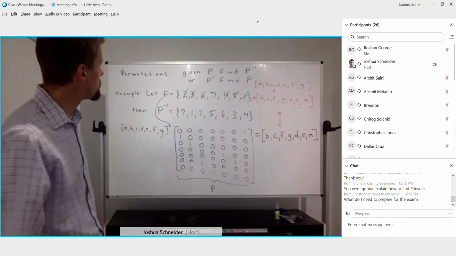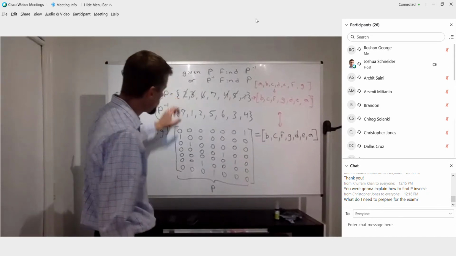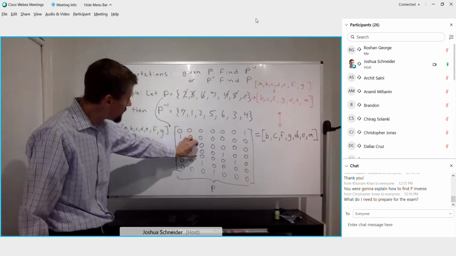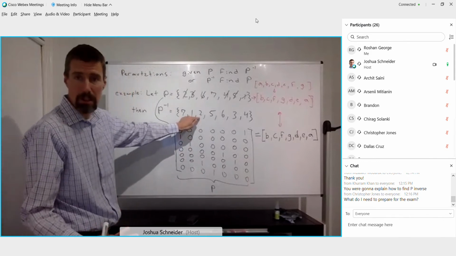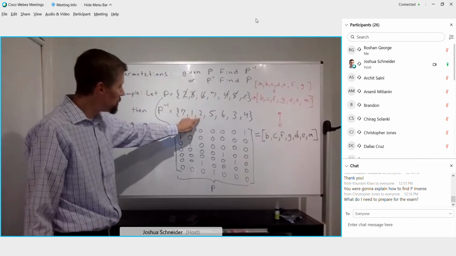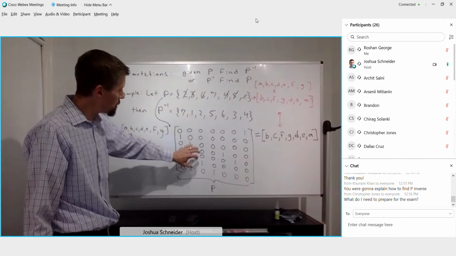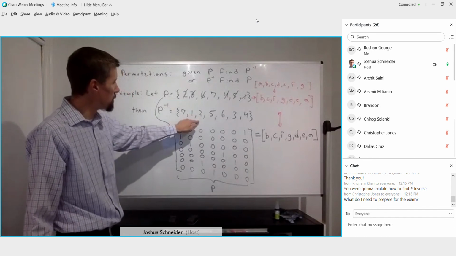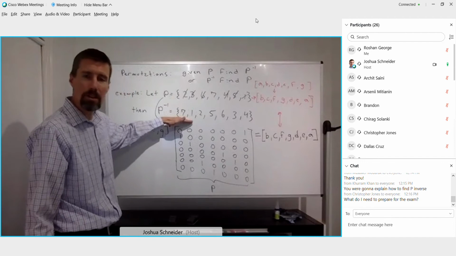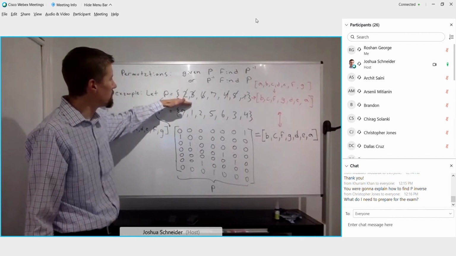Okay. So hopefully that shows you how, given any permutation matrix, you can map that to a list of integers 1 through 7, and given any such list, you can easily find the inverse, right?